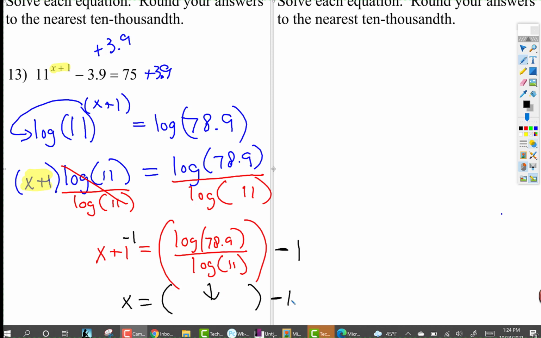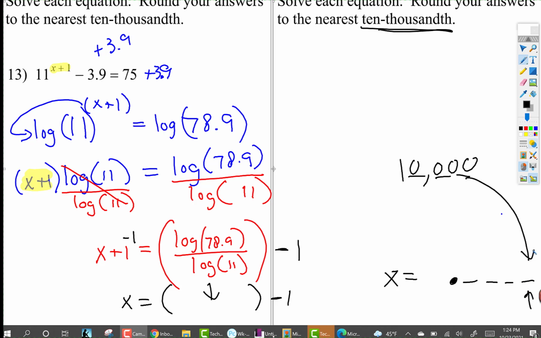So now to get our answer, we have to round to the nearest 10,000th. So think about 10,000. There are 4 zeros. So after the decimal point, you'll go 4 places. And this right there is the 10,000th place.